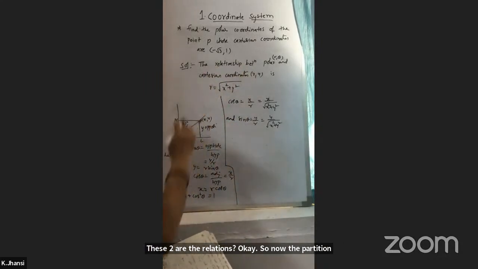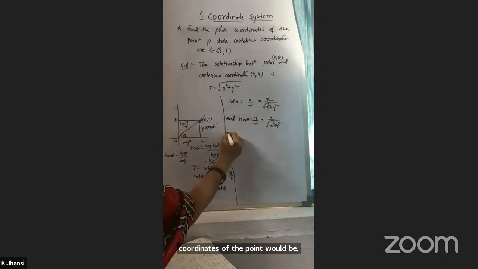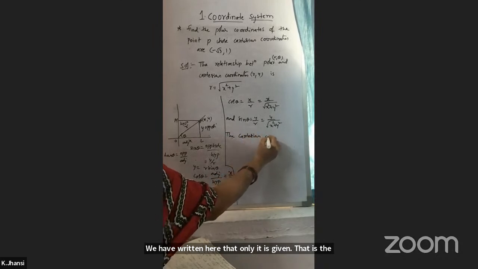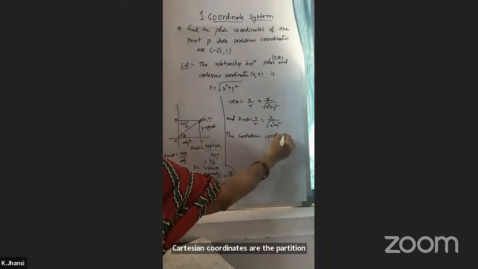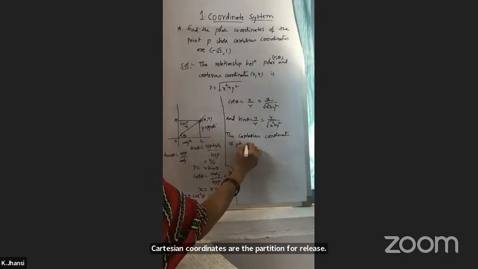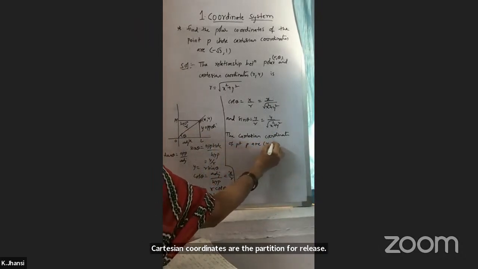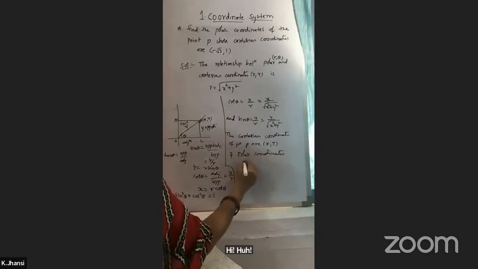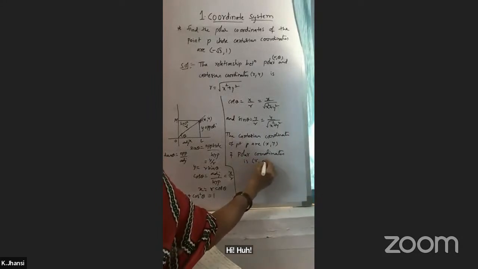Now the Cartesian coordinates of a point P, we have written here, that only is given. The Cartesian coordinates of a point P are x comma y, and the polar coordinates are r comma theta.